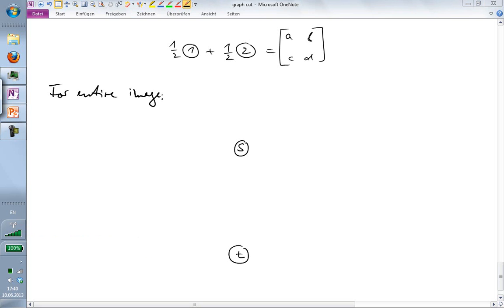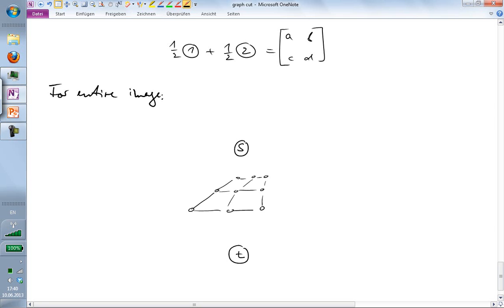Here's a tiny image with 3 by 3 pixels. And we now have these edges. I'm only showing them in an undirected fashion now. These are the graph vertices.